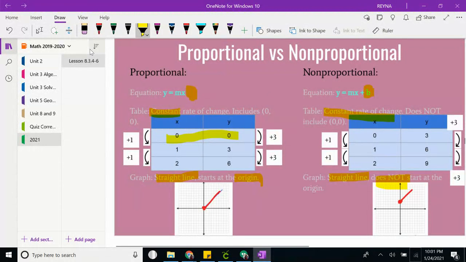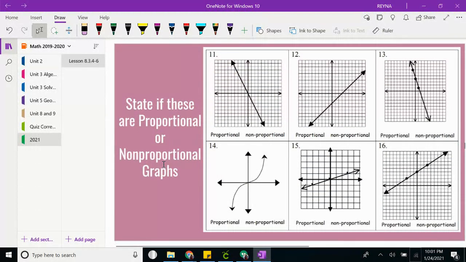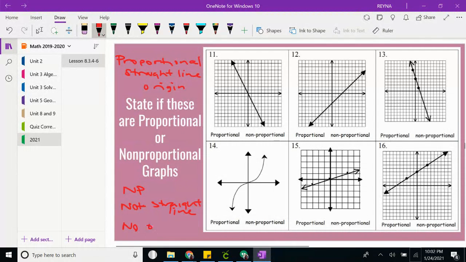So let's practice this one. So proportional or non-proportional? Proportional, I'll write it down right here, means it's a straight line and it goes through the origin. Non-proportional means it's not a straight line and it does not go through the origin.